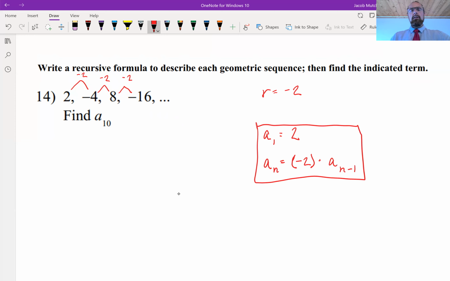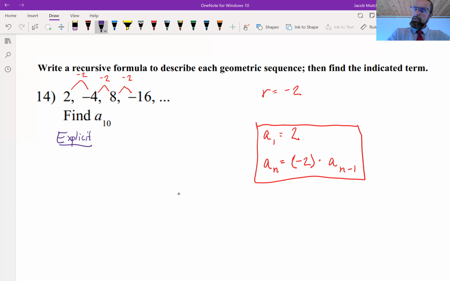But as we saw, it really takes a lot to multiply out. So to find something like, in this case, a sub 10, the 10th term in the sequence, it really would behoove me to just write the explicit one and then use that to find a sub 10. So although we did find the recursive formula here, let's also find the explicit formula.